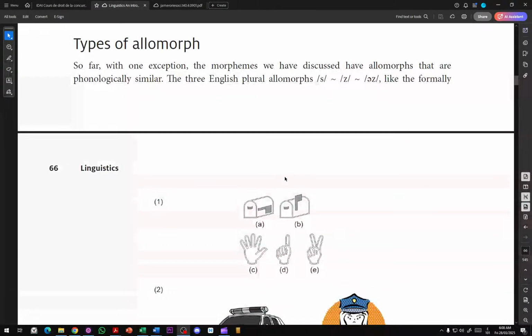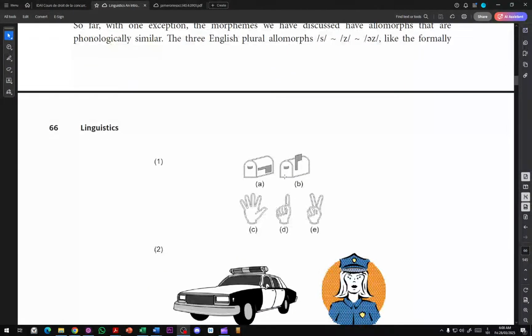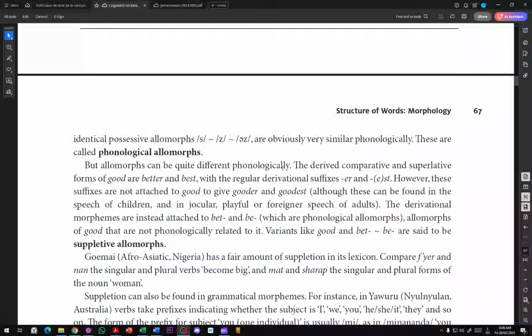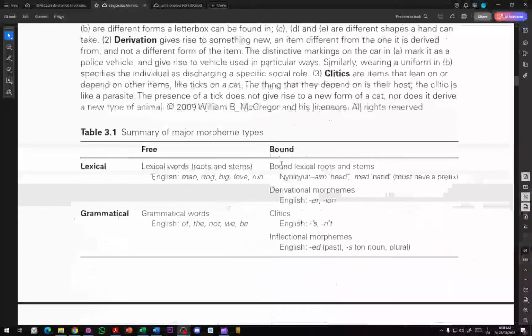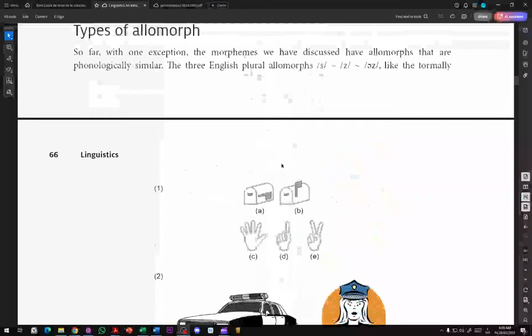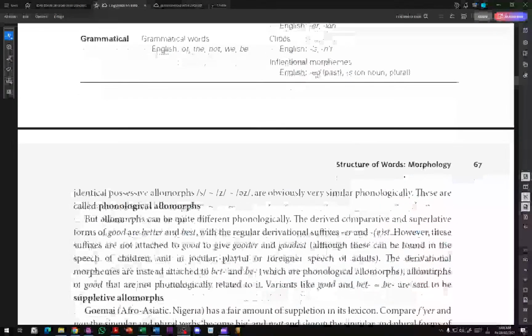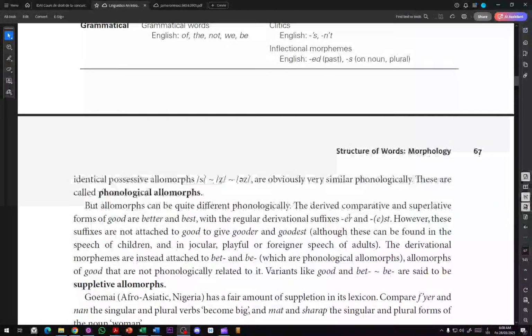The three English plural allomorphs, s and z and ez, like the formerly identical possessive allomorphs, are obviously very similar phonologically.